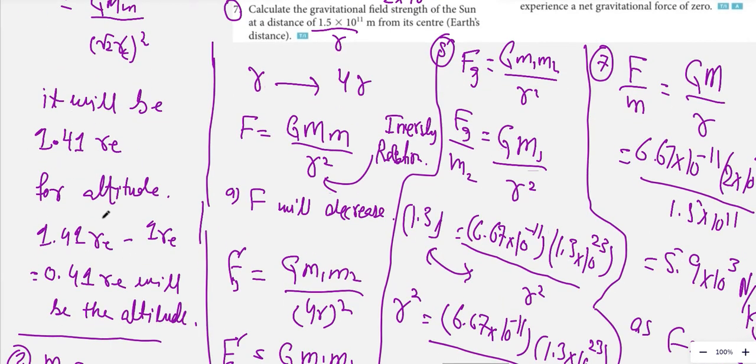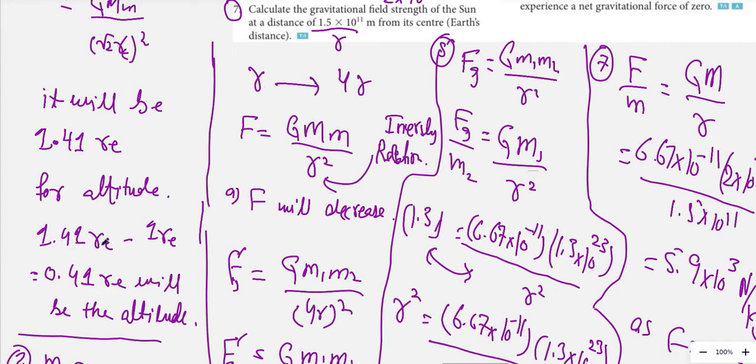Now if we want to get the altitude, we know that 1 r is 1 R_E, the radius of Earth, which is the distance from the center of Earth up to the Earth's surface. We can subtract that, and then we will get the distance from the surface to the height where the weight would become half.